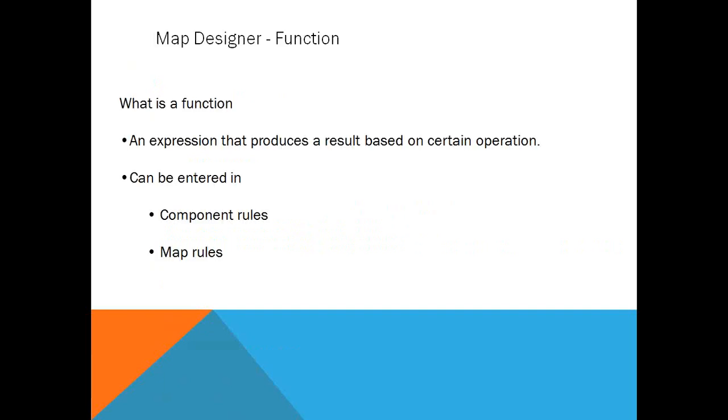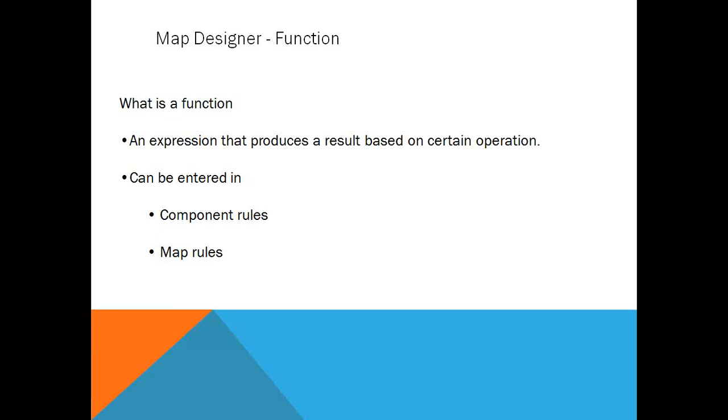So the next one is functions. Again, it basically talks about built-in functions. An expression that produces a result based on a certain operation can be entered in the component rule or map rule. It's basically talking about WTX built-in functions like current date, the if function, the when function. So we can use the functions either in the mapping rules or in the component rule.